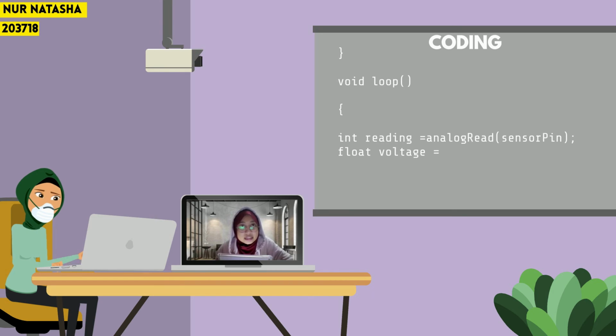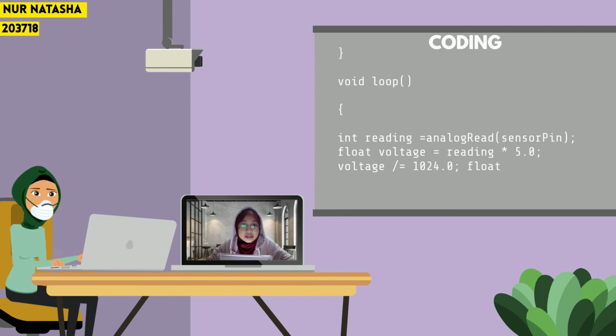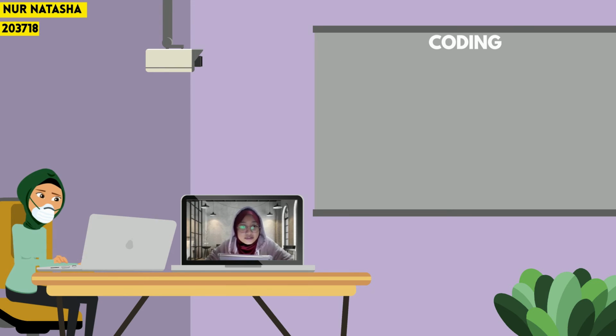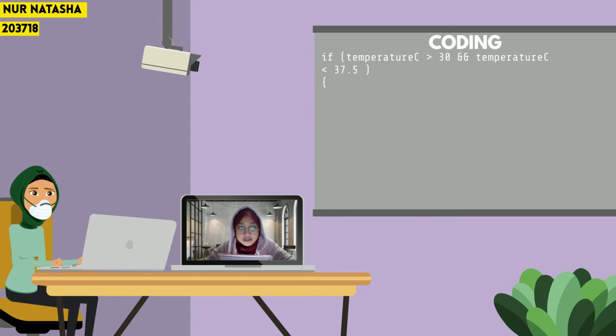As the Arduino is connected to the 5 volts, the voltage reading starts at 5 volts.